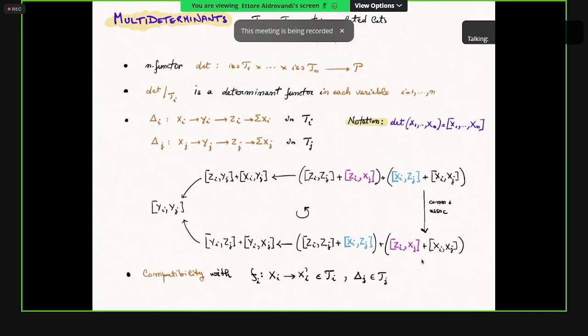So what happens, for example, in this corner is that I'm breaking the first variable using the additivity data of this distinguished triangle, leaving the second variable alone. And then once you got there, you perform the same thing, breaking up the second variable, and then you do it also in the reverse order, of course.